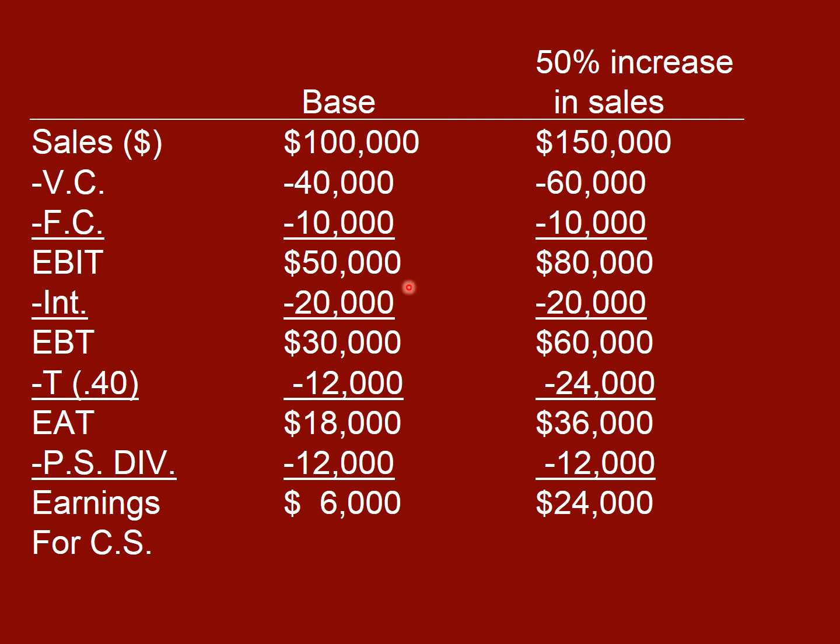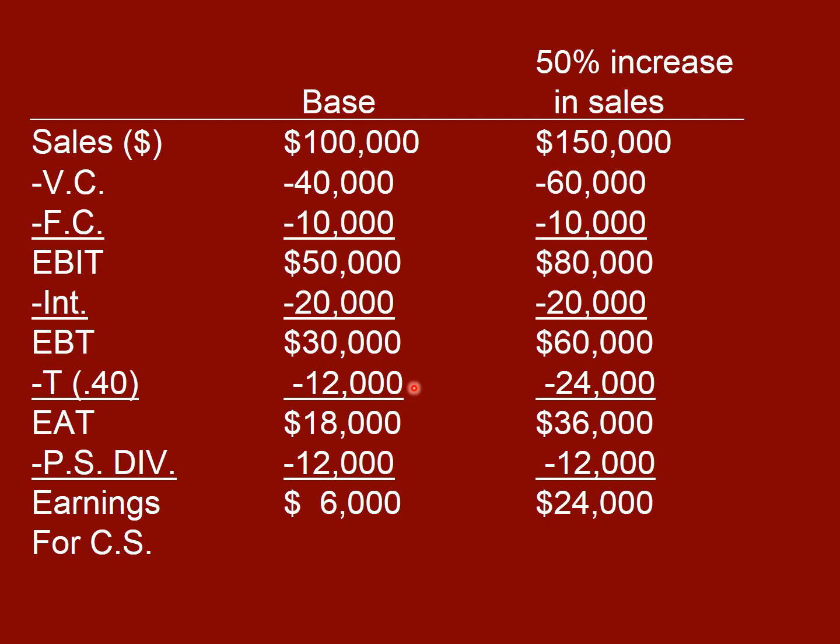So here's my base information. As I said, we had sales of $100,000, variable cost of $40,000, which we have to subtract, fixed cost of $10,000, leaves us EBIT of $50,000. We're told in the problem that interest is $20,000. That leaves us earnings before taxes of $30,000.